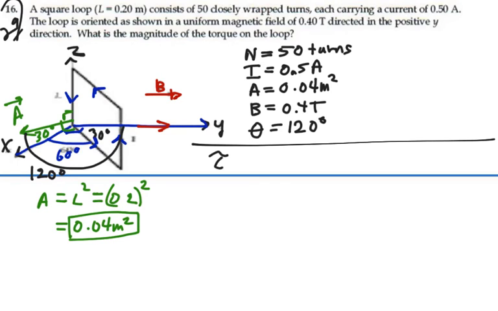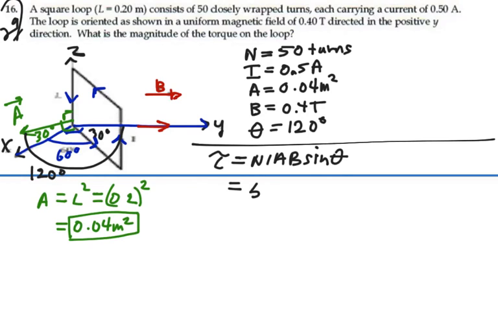So the torque should be equal to N I A B sine theta. Or you might say B I A N sine theta if you rearrange it. But this would be the proper form for us.